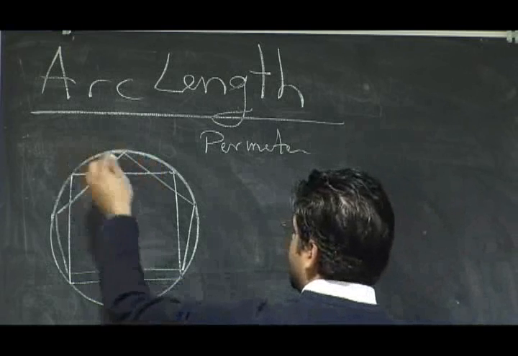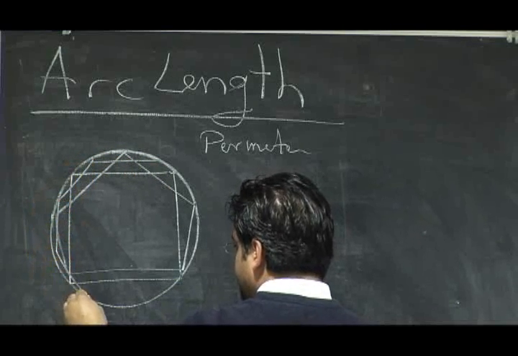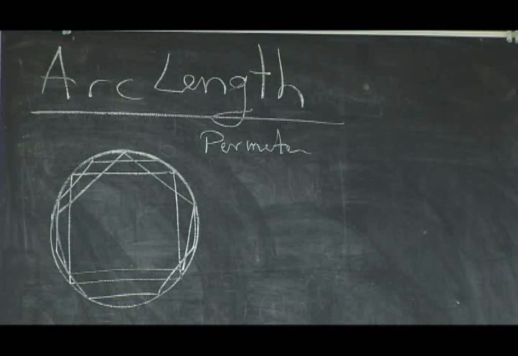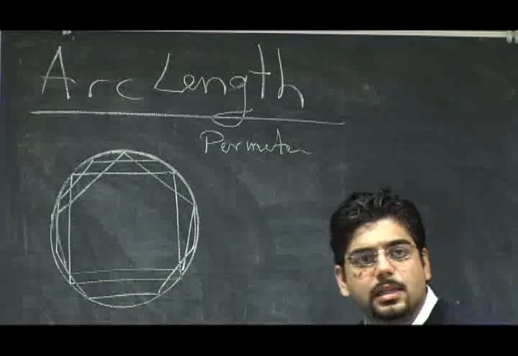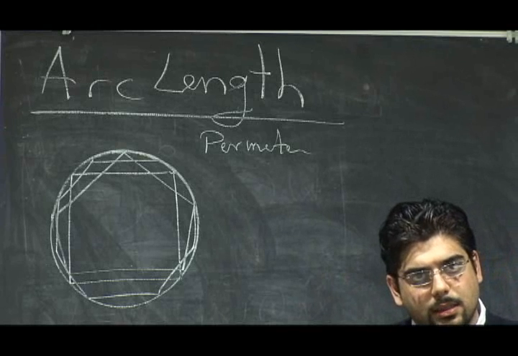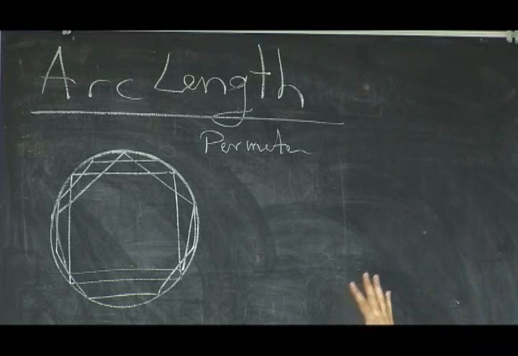And you can go further that way and inscribe a hexagon and find the perimeter of that hexagon. As you do this, as the number of sides of that polygon increases, the perimeter gets closer to the perimeter of the circle, or the circumference. This idea is very, very old.